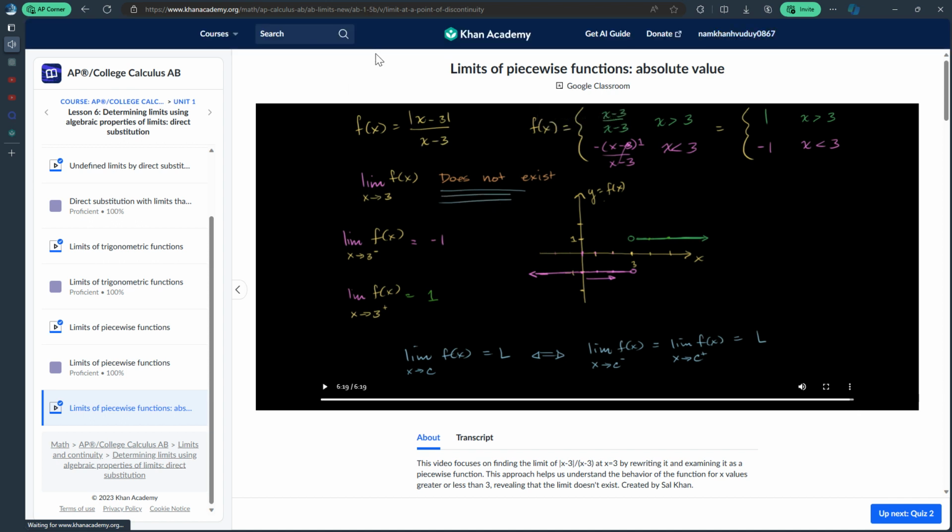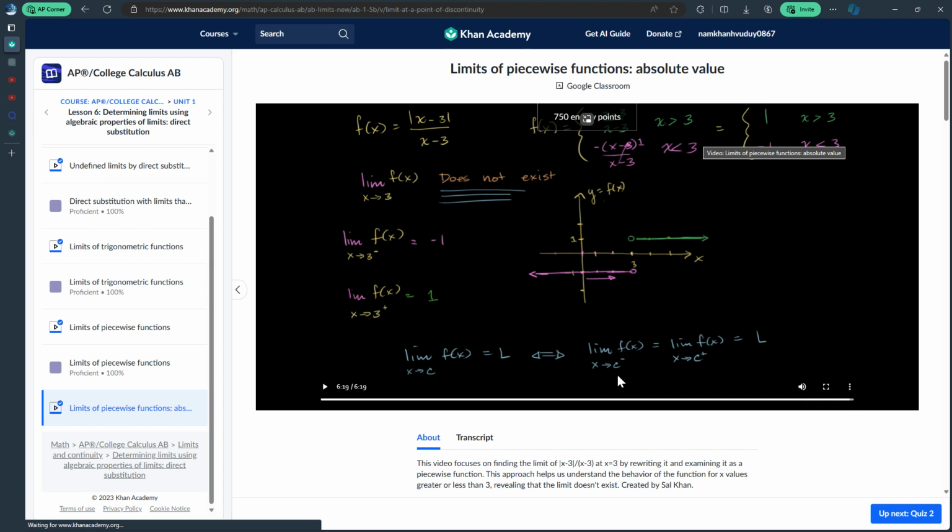Okay, so the problem of this topic is we need to consider the conditions of the x that approaches 3 here.